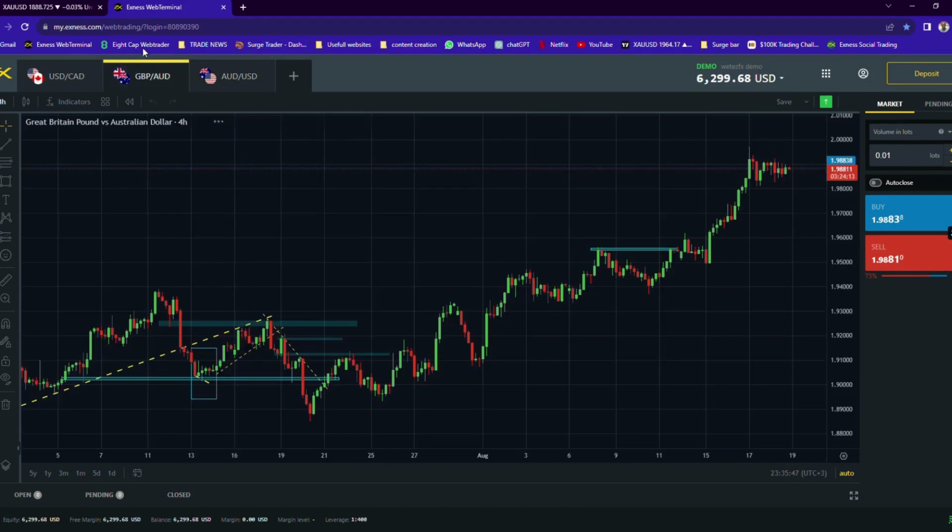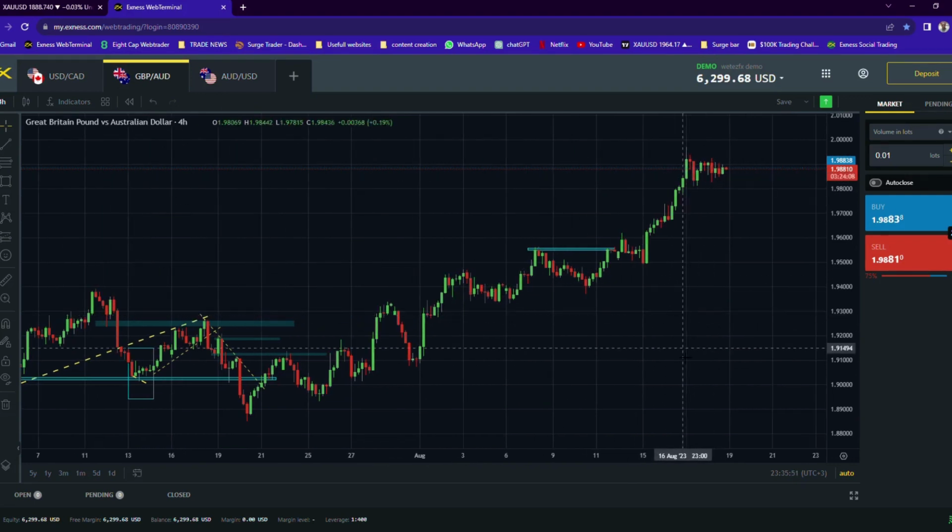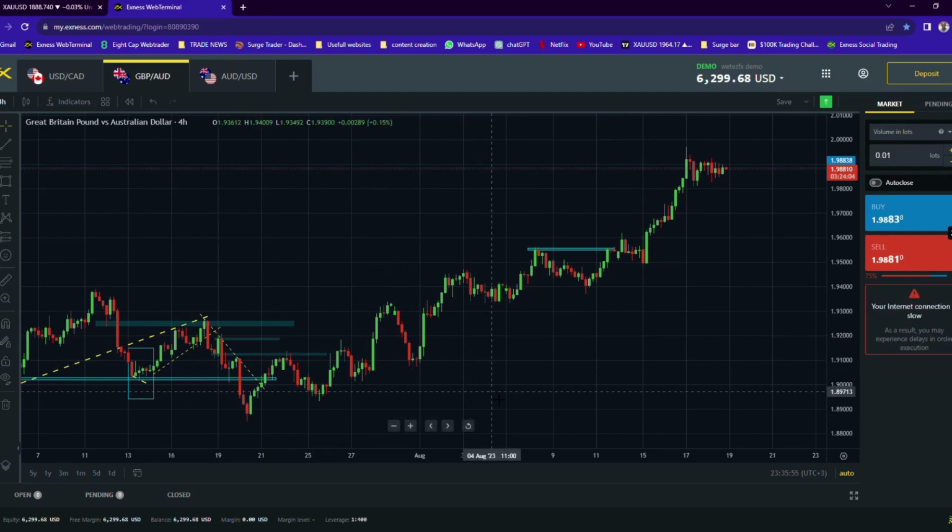So it affected GBP AUD also, and it created a very big bull run to the upward side the entire week and the previous weeks before, even the last week in July. So you can see how interest rates always move the markets at a very high and volatile pace.